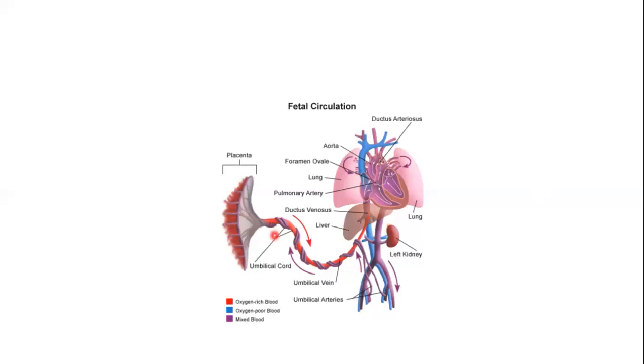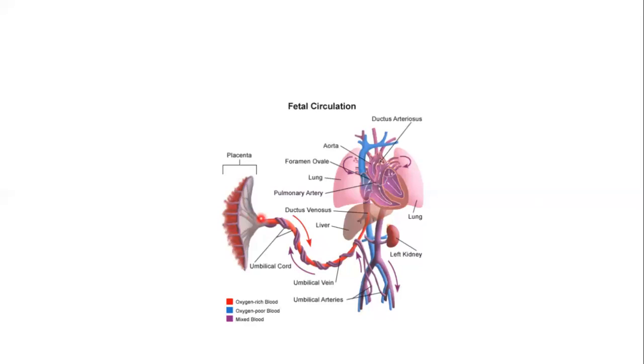The umbilical vein in this case carries blood and nutrients, blood which is highly oxygenated, carrying about 80% of oxygen. Blood is moving from the placenta to the fetus via the umbilical vein, while the umbilical artery is carrying less oxygenated blood with waste product from the fetus to the placenta, to the circulatory system of the mother through the placenta.